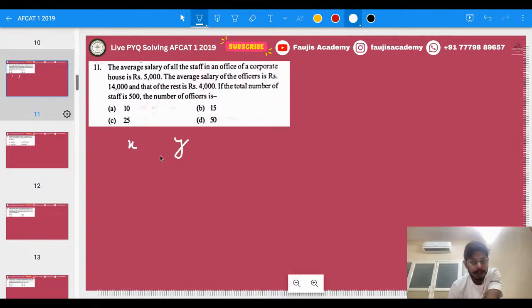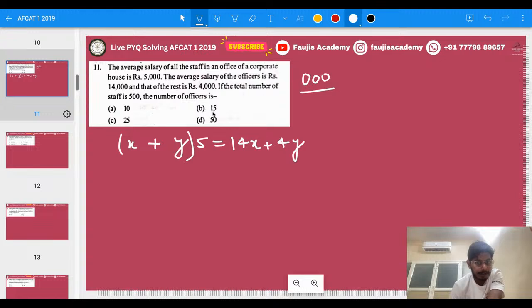Okay, so that means X is the number of officers and Y is the number of other guys. So X plus Y into 5 is the total salary, right? I'm leaving those three zeros behind for now. I will add it. Okay, which is equal to 14X plus 4Y, right? Isn't it, guys?